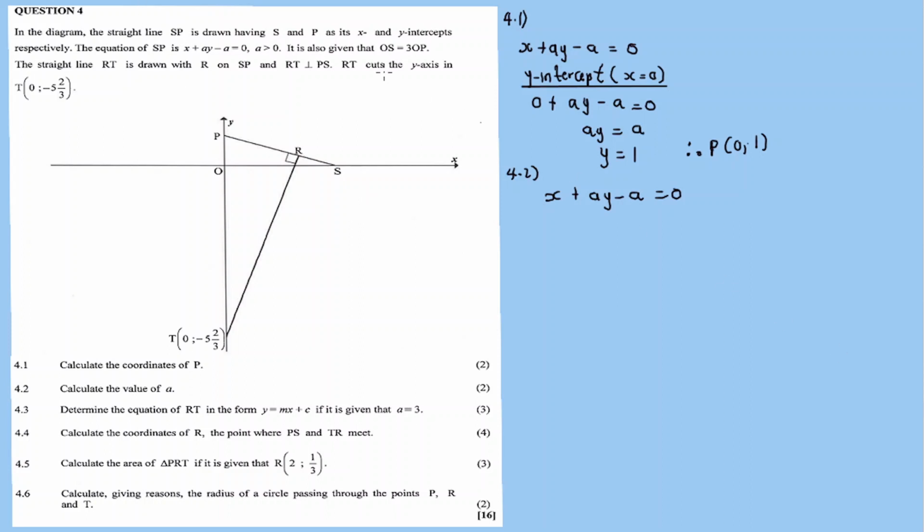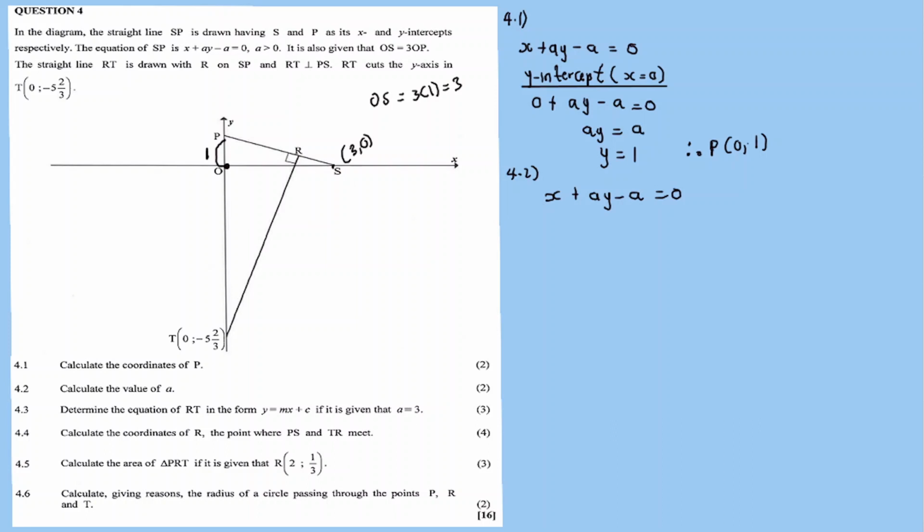Remember we said OS is equal to 3 times OP. The distance from O to P is what? It's 1, because the coordinates for P are 0 and 1. So the distance from here to here is 1. The distance from O to S is 3 times that, so OS is equal to 3.